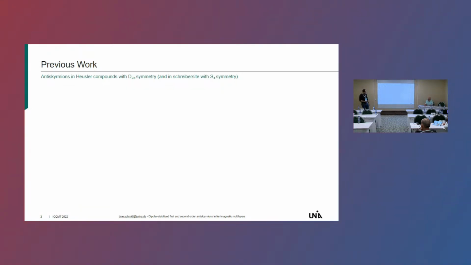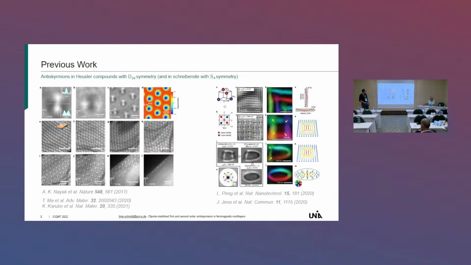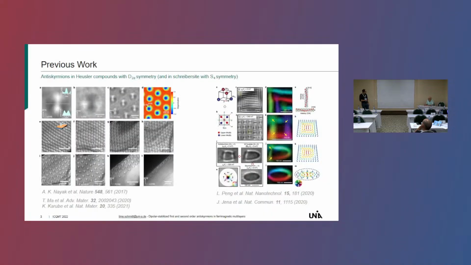And another example could be in Schreibersite with S4 symmetry. And in these materials, the anti-skyrmions are stabilized by the Dzyaloshinskii-Moriya interaction, the DMI, mainly, and also through symmetry reasons.